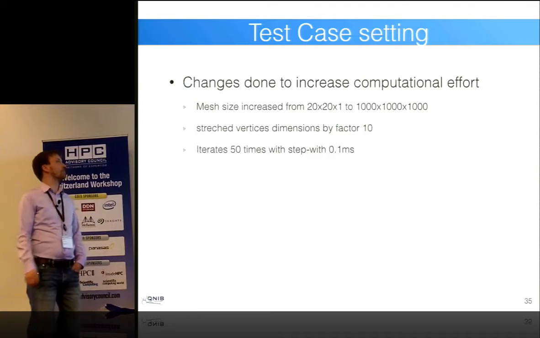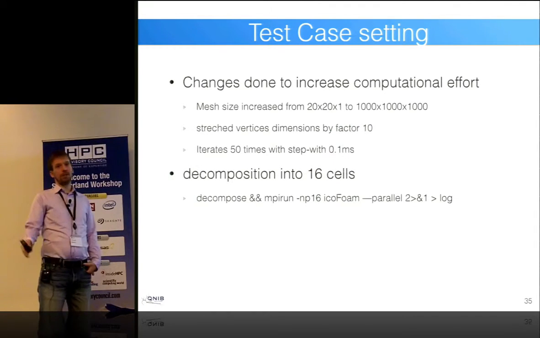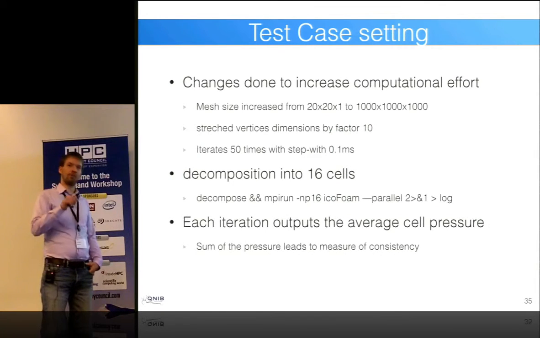And this is the setting I did. I decomposed it into 16 cells, because if you change the decomposition, it will change the result. So I used this 16-cell configuration on all of the testbed systems. I also added a little code fragment that computes at every iteration the average cell pressure within this 3D mesh.